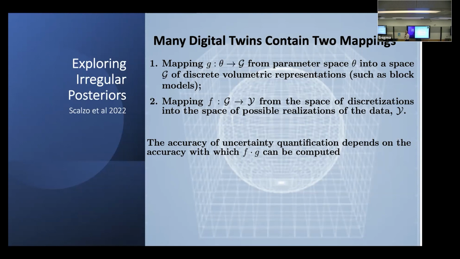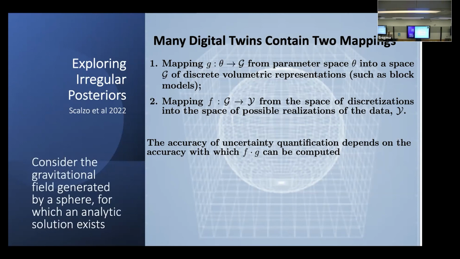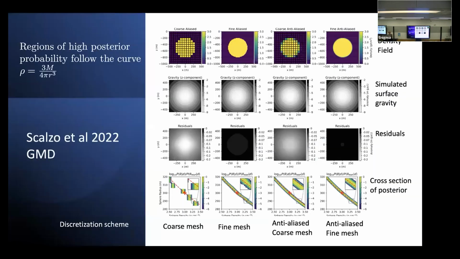So it's just a sphere whose mass and whose radius we don't know. There's only one of them and it lives somewhere underground. And we have observations on the surface. So going all the way back to basics.